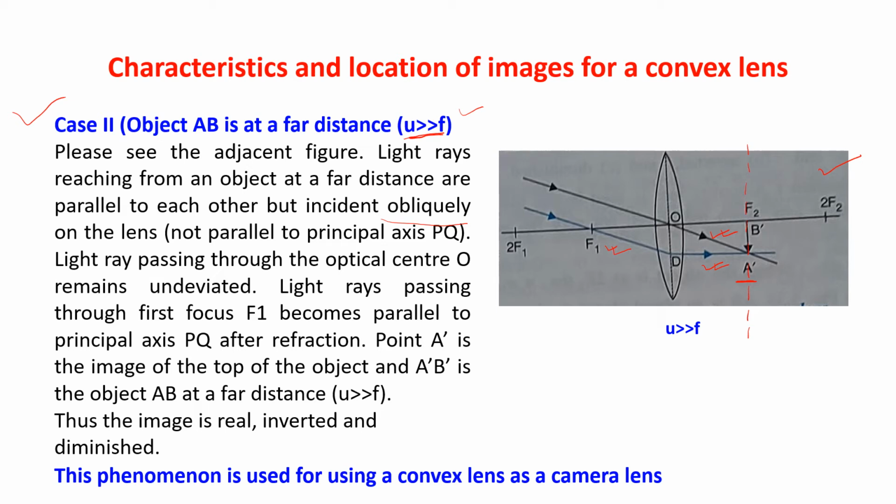Am I clear? So we are getting a real, inverted, and diminished image. This phenomenon is used for using a convex lens as a camera lens. Here we are getting the inverted, real image of the object in the focal plane.